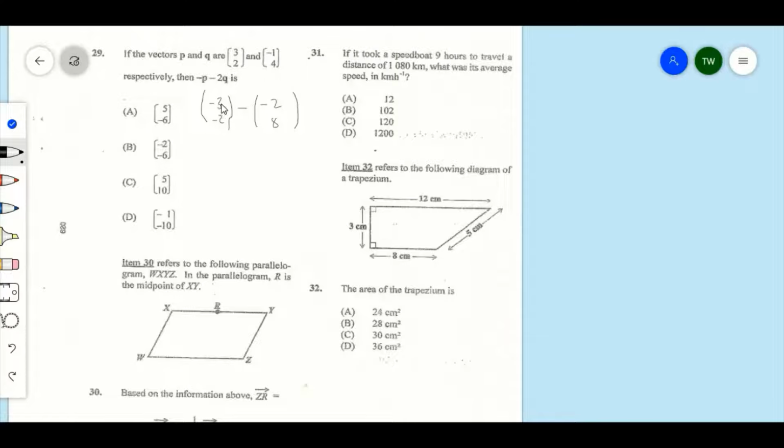So minus 3 minus negative 2, that's going to be negative 1. And minus 2 minus 8, that's going to be minus 10. Alright. So our answer is going to be D in this case.